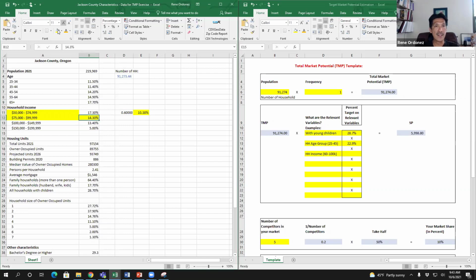So the sum of this and this will comprise the household income from 60,000 to 100,000. So what is that equal to? Let me add that, this plus this. So we'll say 24.68%.